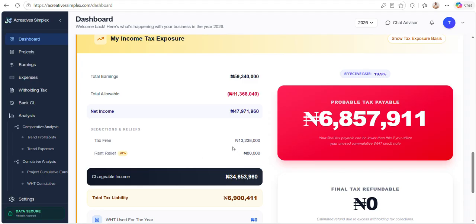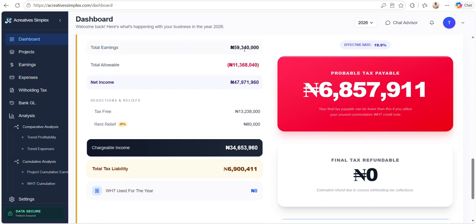But if 20% of your rent is greater than 500,000, only 500,000 will be granted as the relief. Then the difference between all of these and our total earnings will give us a chargeable income. This is what we can call our taxable profit. So we are having a taxable profit of 34 million.